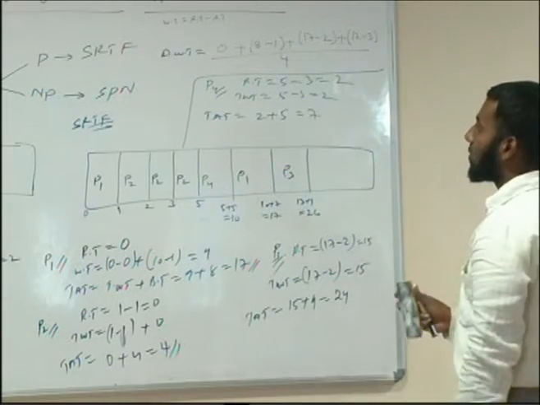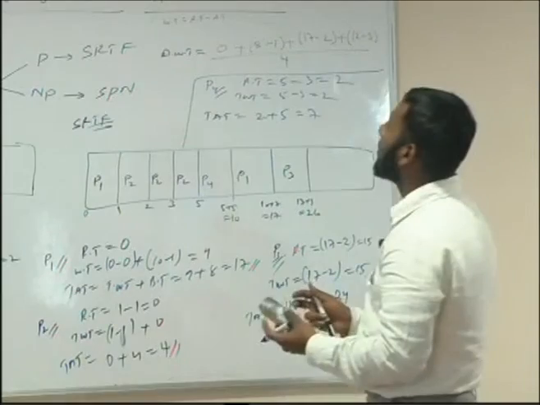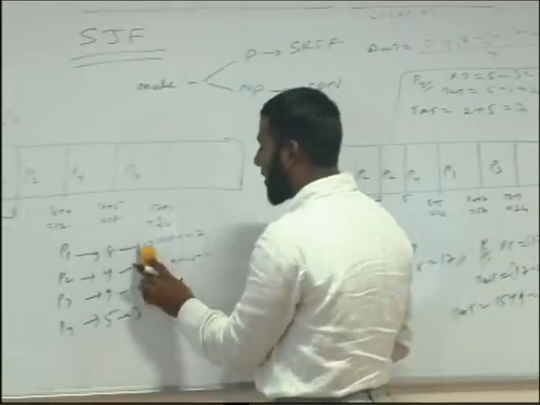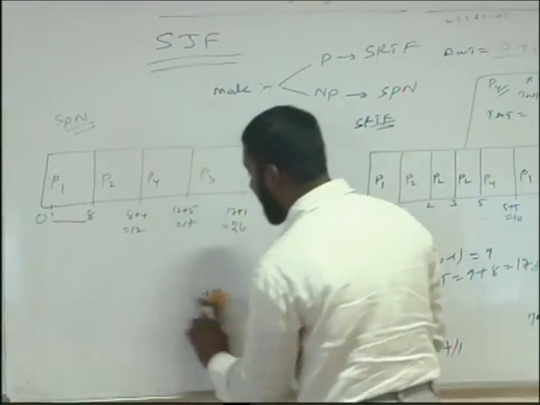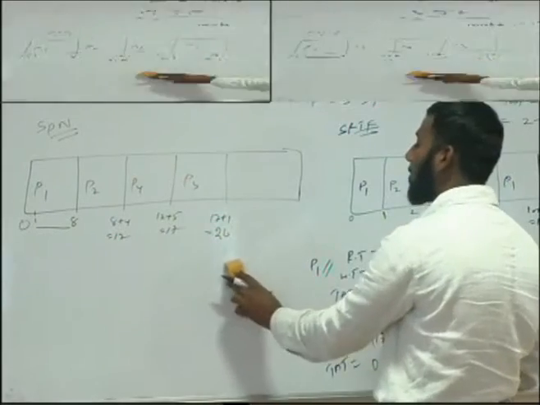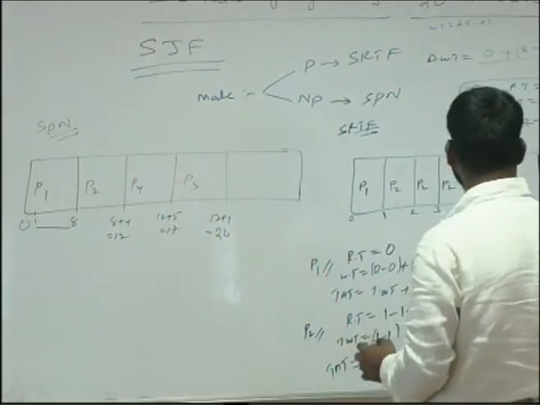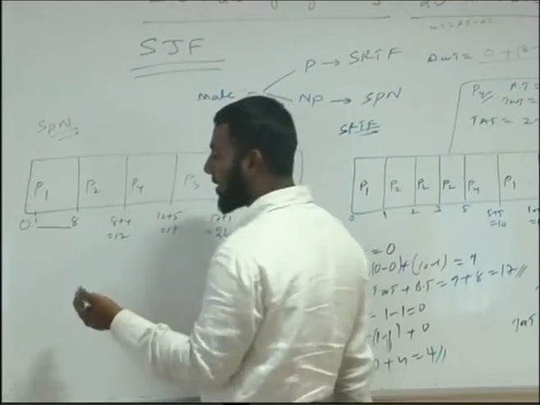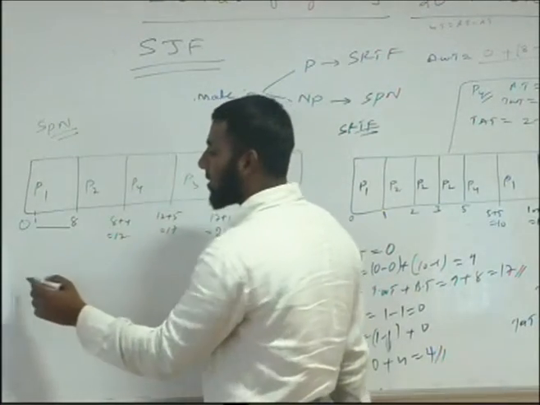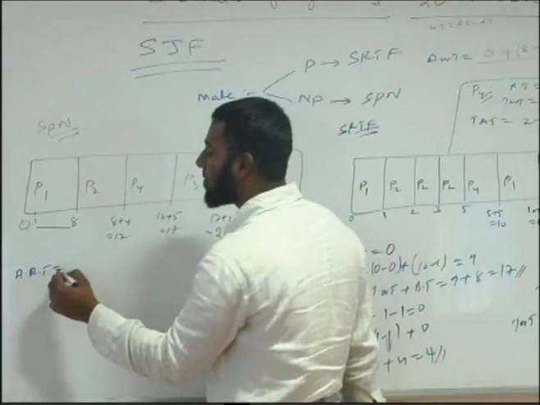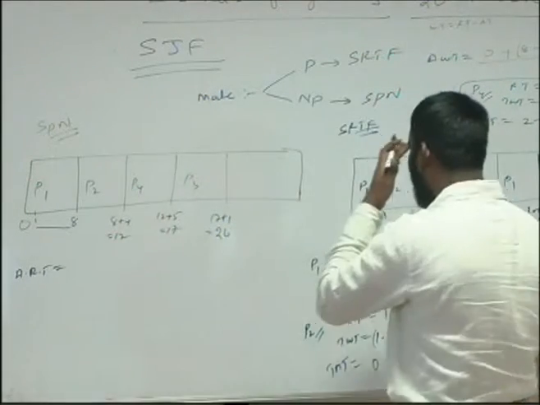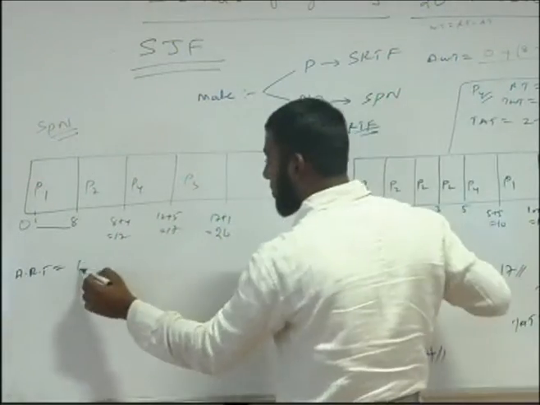Okay. So with these values, now let us find out the average waiting time and average turnaround time for this, and the response time as well. So here we have to calculate three things in preemption. First, average response time. For process P1, the response time is 0.